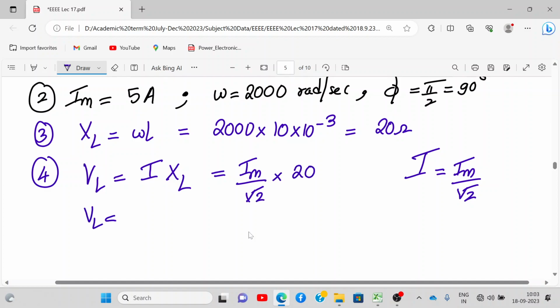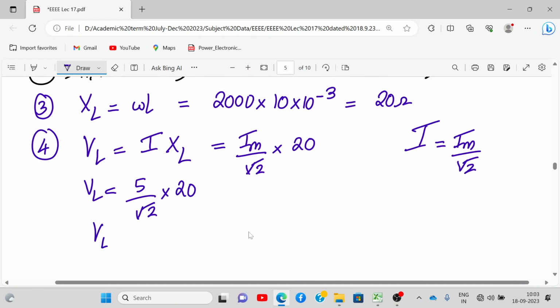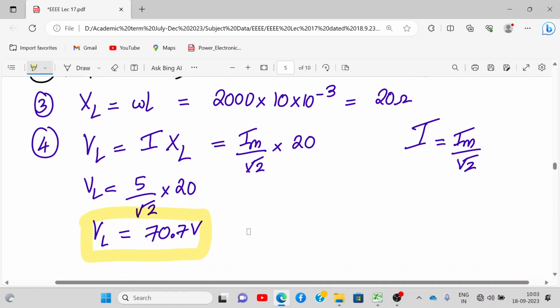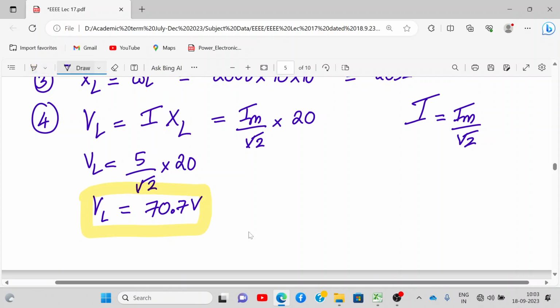So please calculate this: 5 by root 2 into 20. How much is this? 70.7. Yes or no? So with this numerical, we end the discussion of today's lecture.